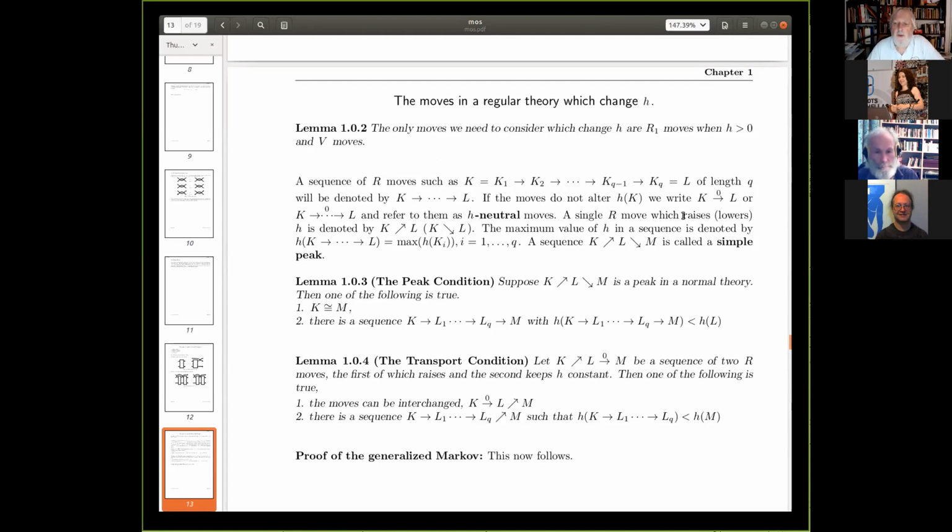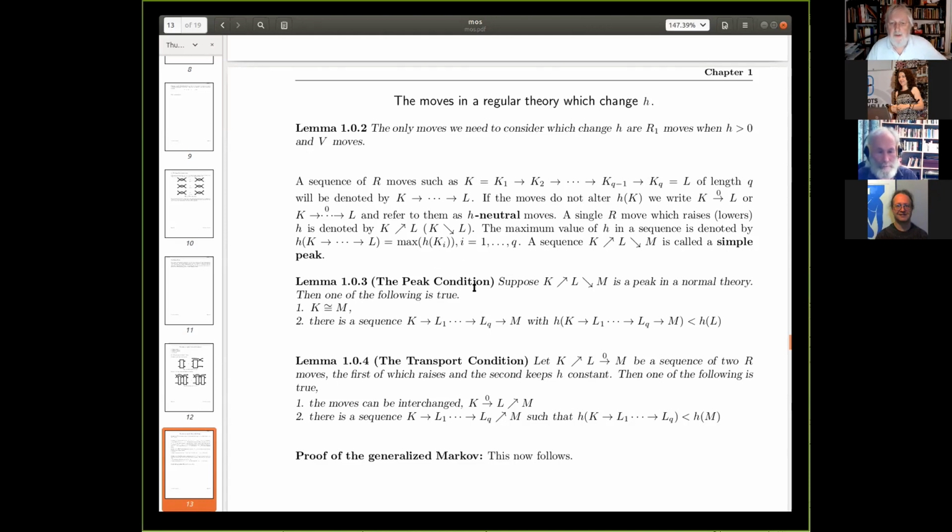A single R move which raises or lowers H is given by this symbol here, K up arrow to L or K down arrow to L. The maximum value of H in a sequence is denoted by H of this sequence, and it's the maximum value of H of L_i, i equals 1 up to Q. And then a little sequence where it goes up and then down is called a simple peak or just a peak. Okay. And then a couple of lemmas will do the job.